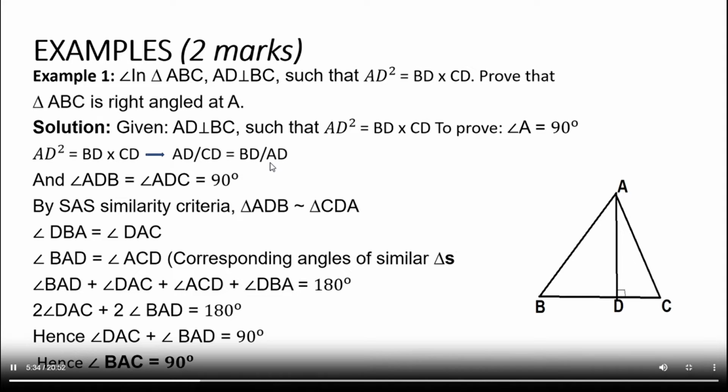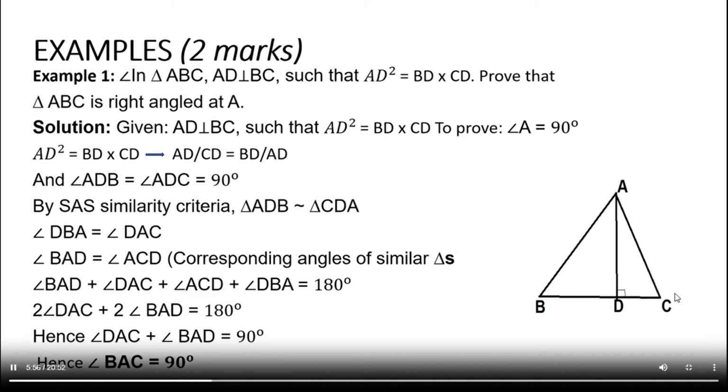Now if you observe, angle ADB and angle ADC both are 90 degrees because AD is perpendicular. So now in triangles ADB and CDA, we have one angle which is the same and the other two sides which are forming the angle are in proportion.